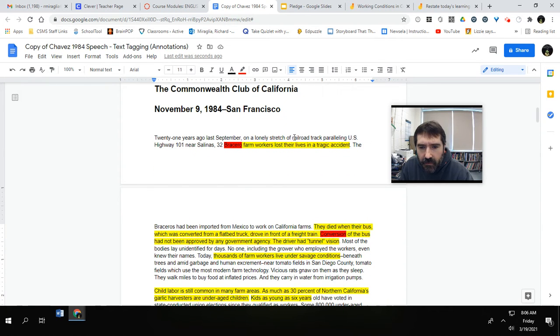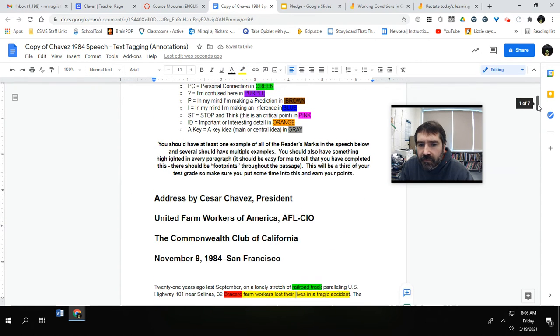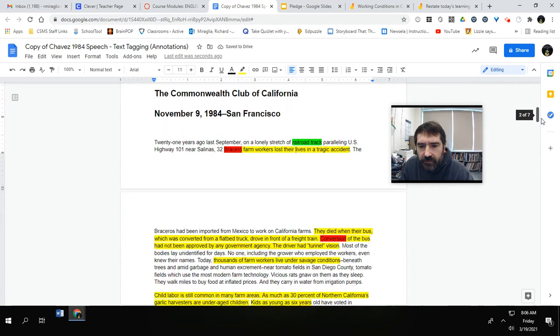For green, maybe you live near a railroad track. Guess I have 2 of them down. Confused.